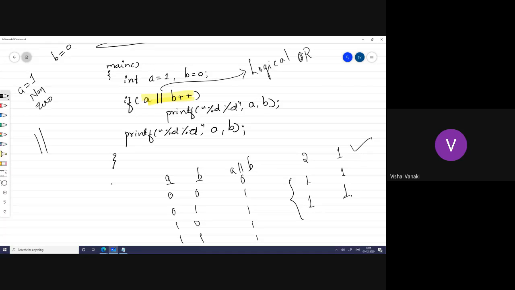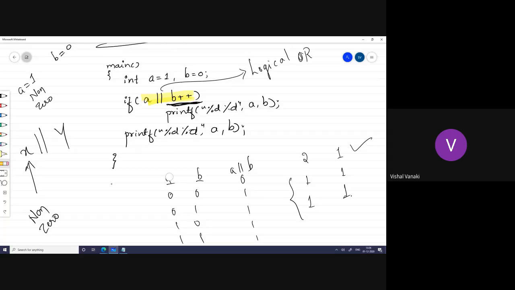Now, when you are performing an OR operation here, if the first operand is non-zero, is there any necessity that I have to check the second operand? I can make a decision. If any one is non-zero, the output is true. So if the first operand itself is non-zero, the compiler will not check the second operand. That part will not be evaluated.